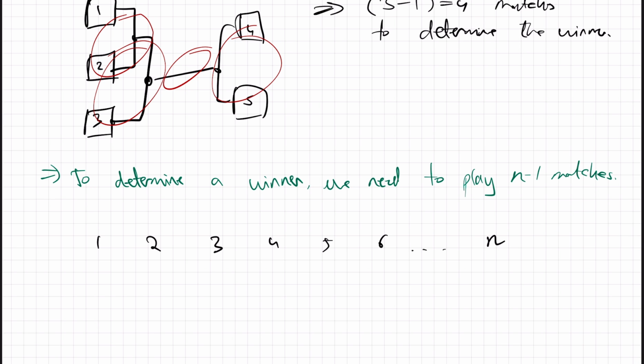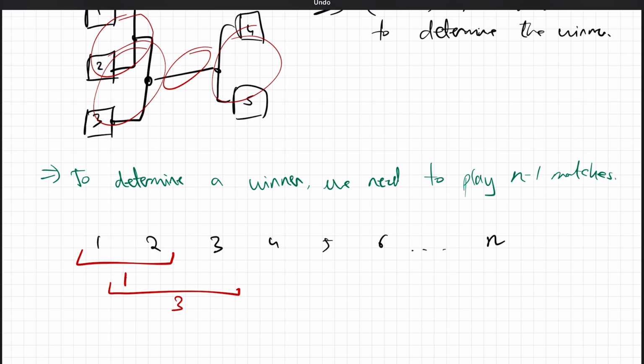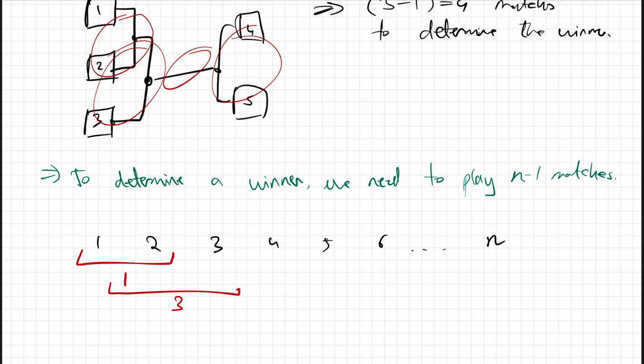Okay, so we need to determine the best between 1 and 2, and then we'll get some kind of winner. Let's just say this was 1. Now we determine the best between 1 and 3. That gives us some kind of winner. We can determine 3. So now we know what the highest is in the first 3 teams, and you can see we've already played 2 matches.